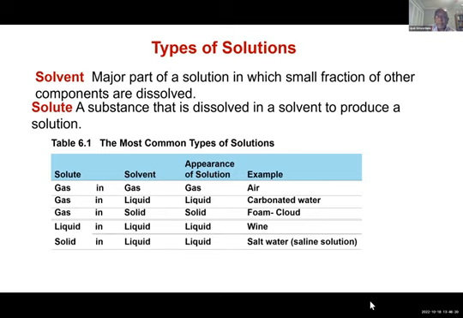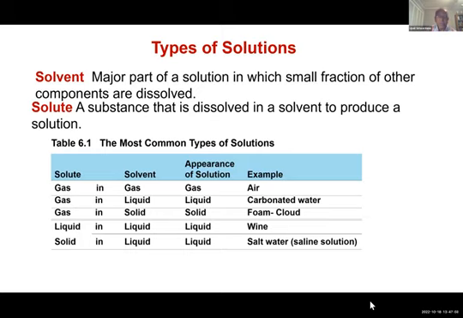Solid in a liquid is a very common type of homogeneous mixture. Normally we call a solid going into a liquid a solution. For example, if you put salt in water, you get salty water, or salt water solution, an aqueous solution. The solute is sodium chloride, which is present in a small amount.